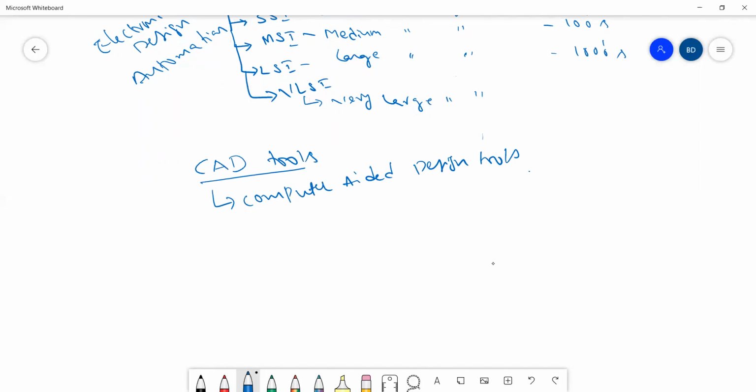There is one more term called CAE, which means computer aided engineering.